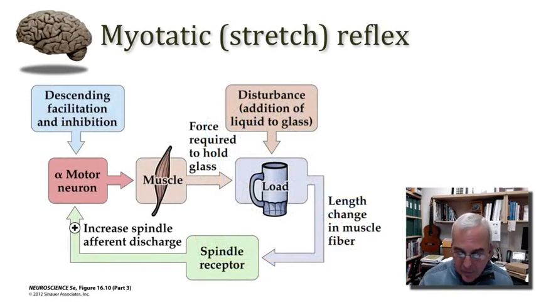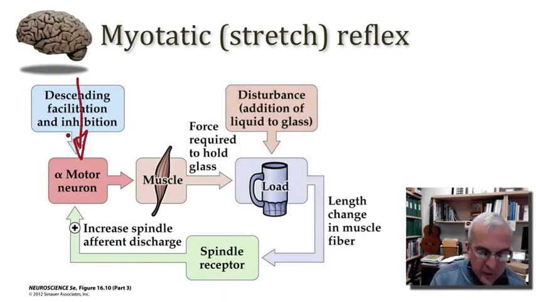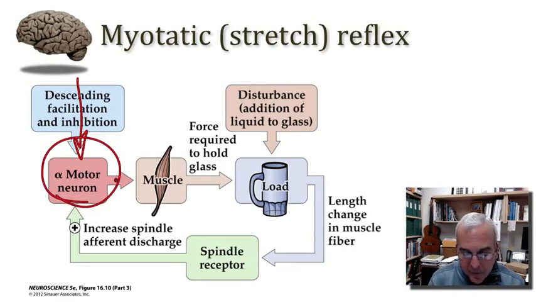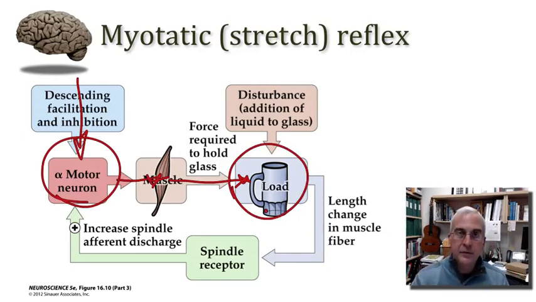So in a more schematic form, we have some kind of goal that is set by our motor cortex, and that goal is communicated down through circuits that we'll describe over the next several tutorials. And so this allows the output from an alpha motor neuron to a skeletal muscle to help achieve the goal of steadying this receptacle against a changing load.